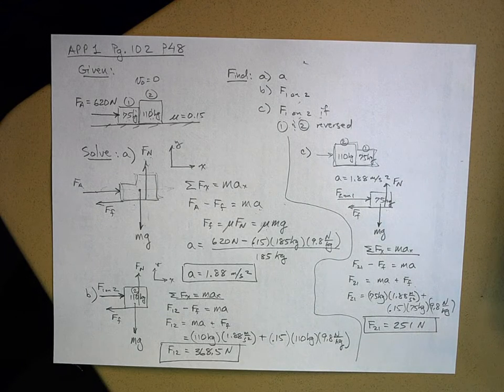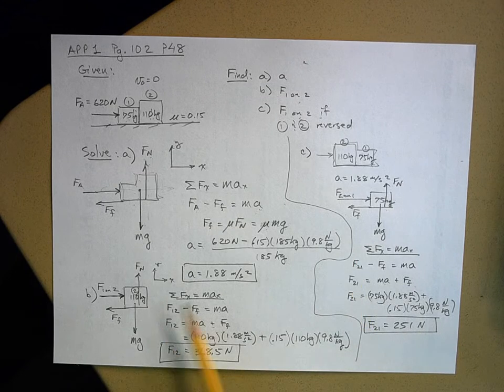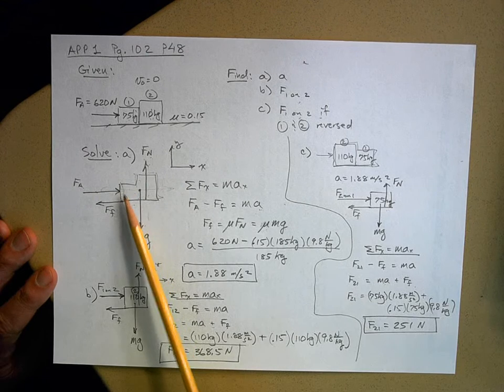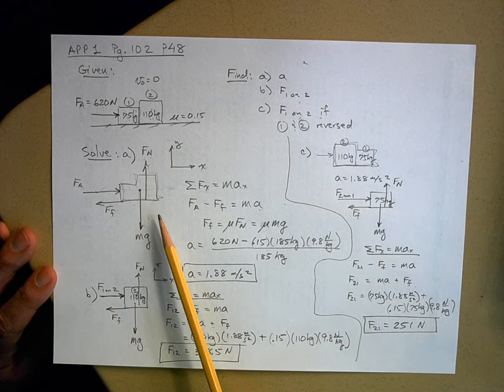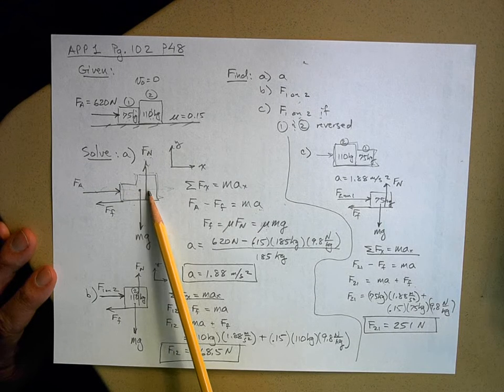Any questions? Yes? So you calculated the force of 1 on 2, but would the force of 2 on 1 be equal or opposite? Well, yes. But look at this part A. 1 has to push on 2 and get it to accelerate.